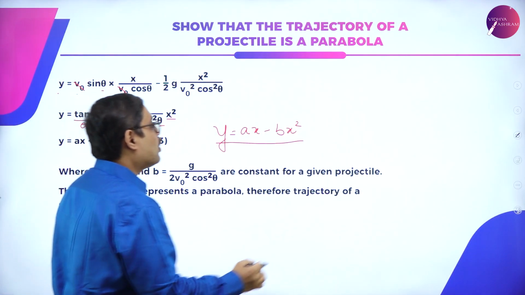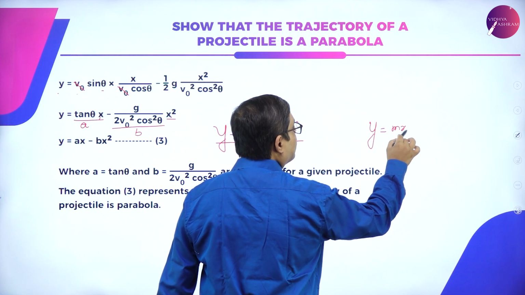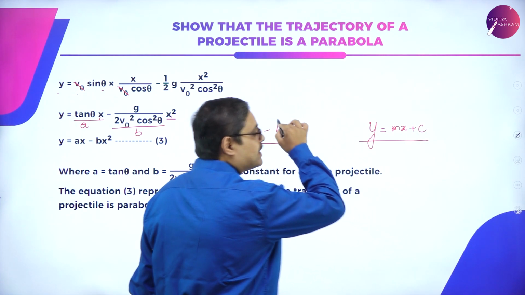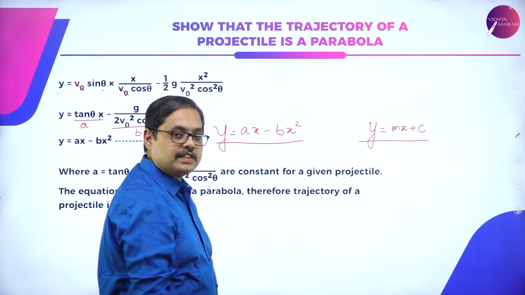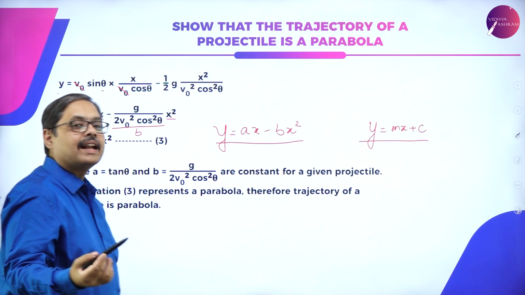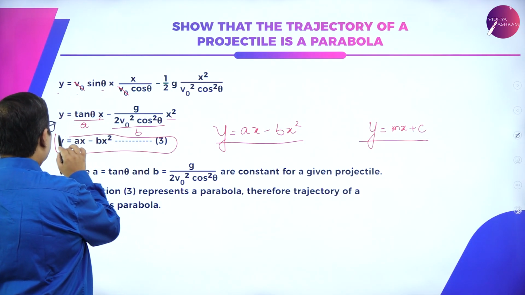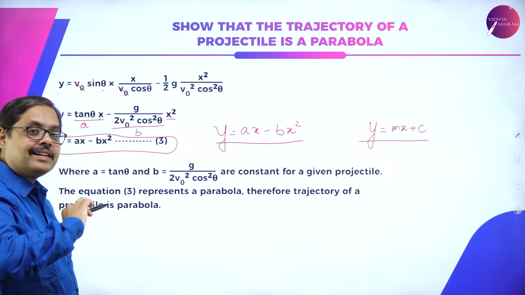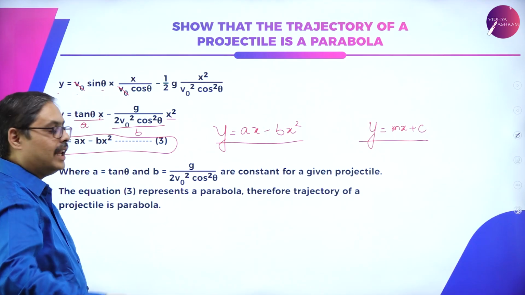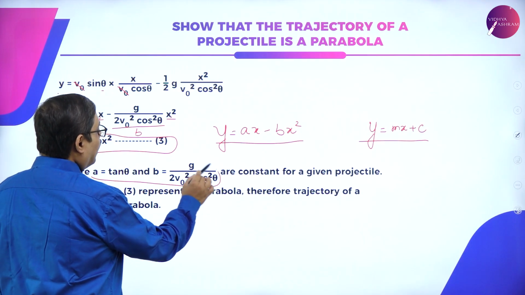If you can recall, a similar equation was y is equal to mx plus c, which represents a straight line where m is the slope of the straight line. Similarly, y is equal to ax minus bx square represents a parabola. So from this equation we can conclude that the track followed by the projectile, or the trajectory, represents a parabola.